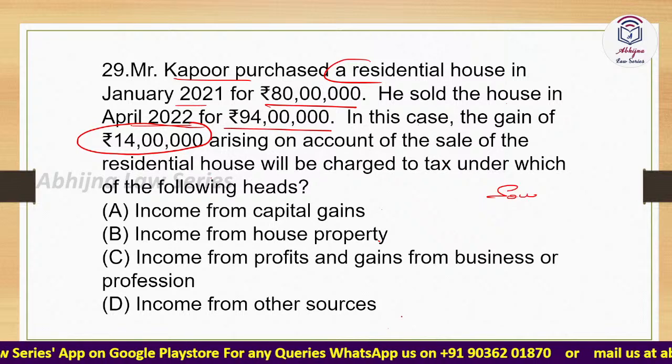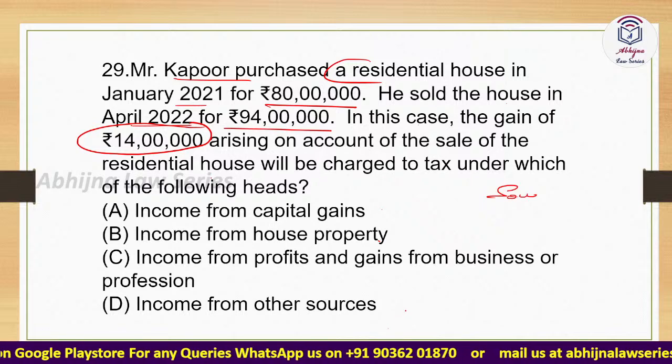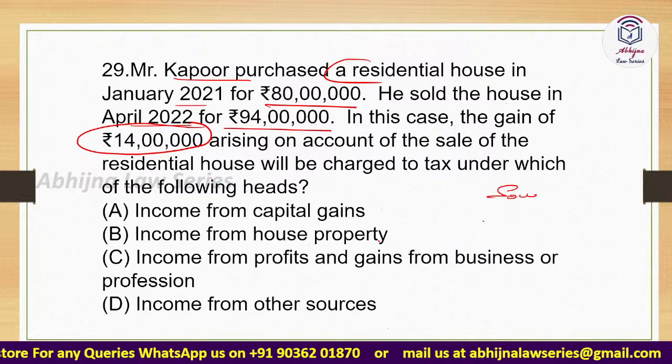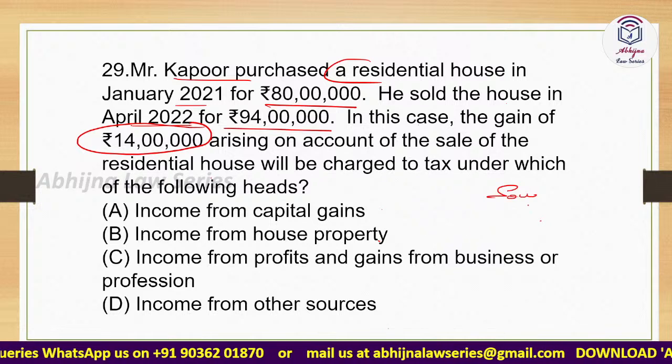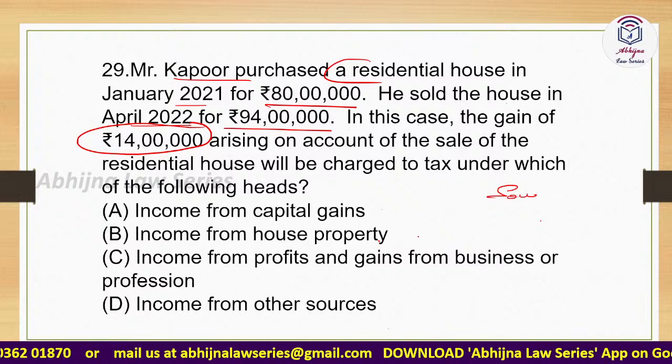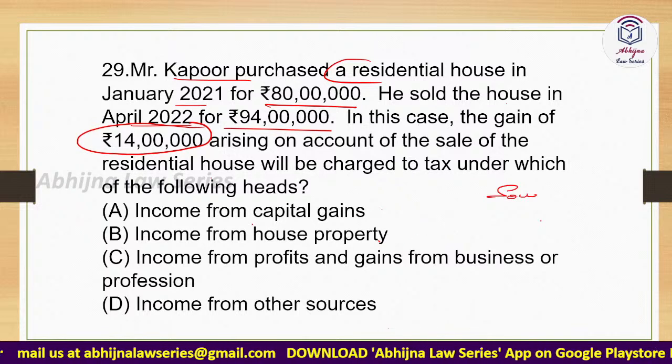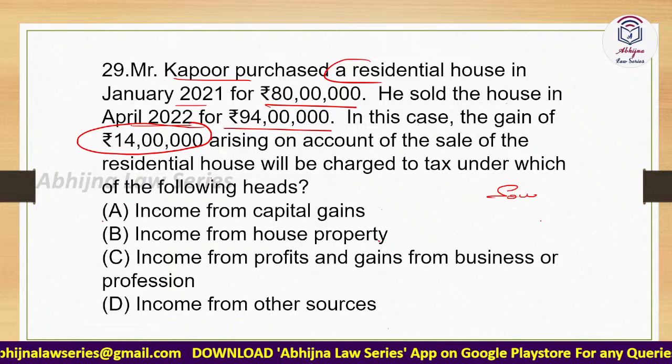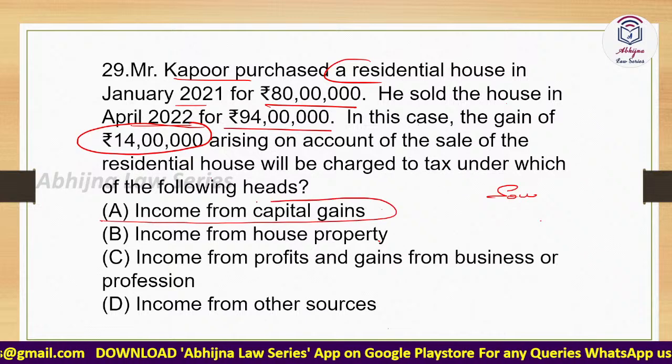There are 5 different sources of income. So, whenever a capital asset is being sold and you are gaining some profit, then it is income from capital gains. A is the answer.